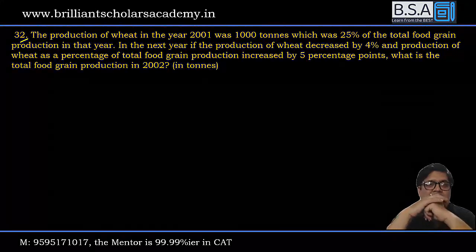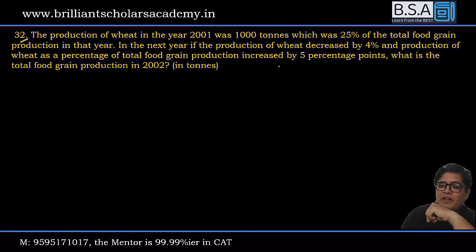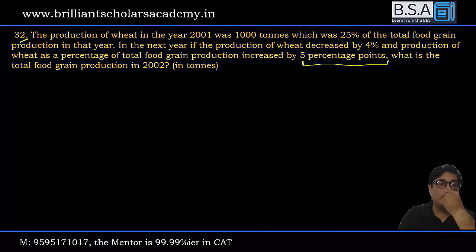In the next year, if production of wheat decreased by 4%, and production of the wheat as a percentage of total food grain increased by 5 percentage points. So you'll get to learn something new as percentage points. What is the food grain production in 2002 in tons? 3-step problem, simple enough, not a very big deal.